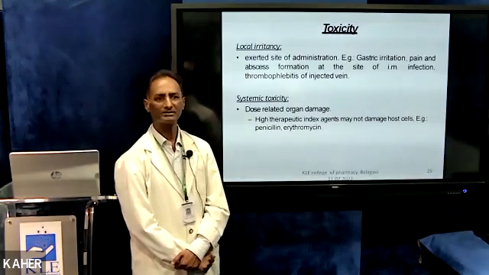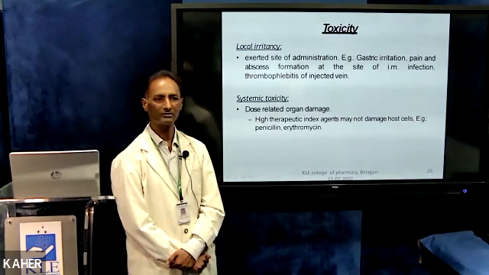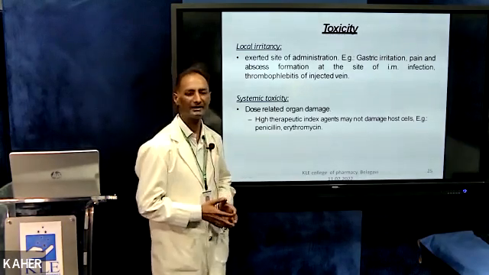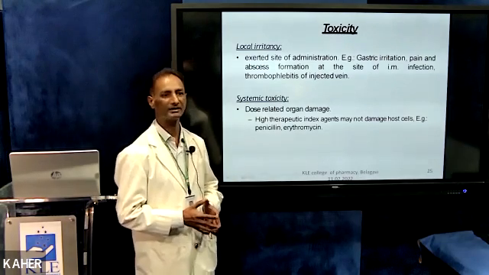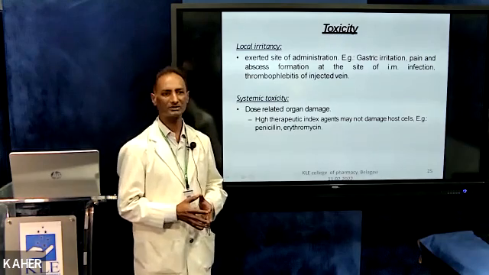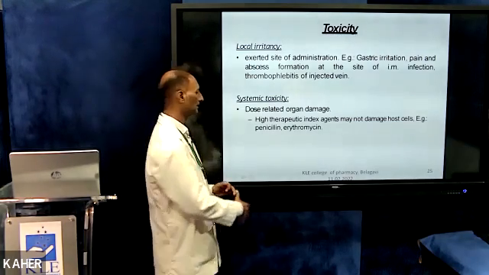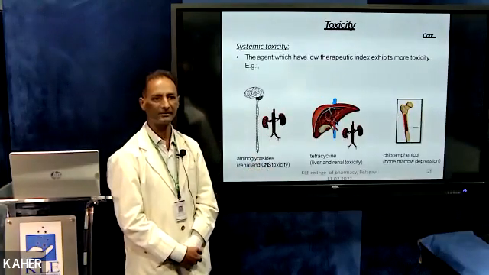Coming towards the toxicity of the antimicrobials, they cause local irritation, mainly gastric irritation or pain at the site, and also thrombophlebitis in the veins at the site of injections. Systemic toxicity is also there with drugs of low therapeutic index, like aminoglycosides.